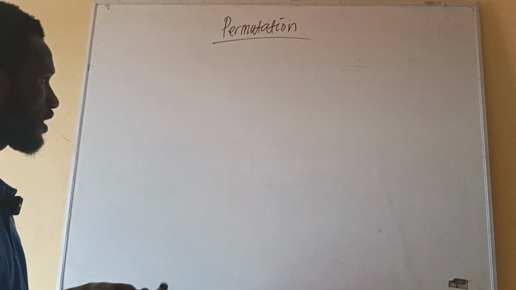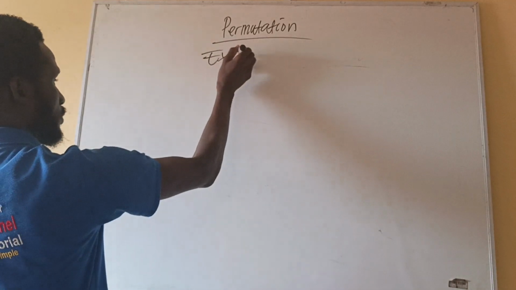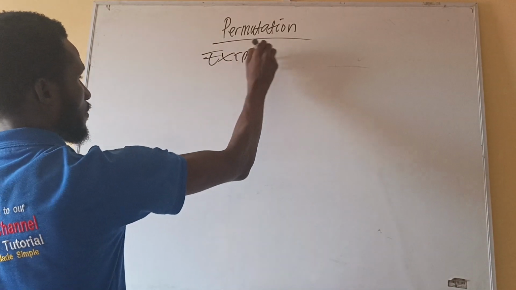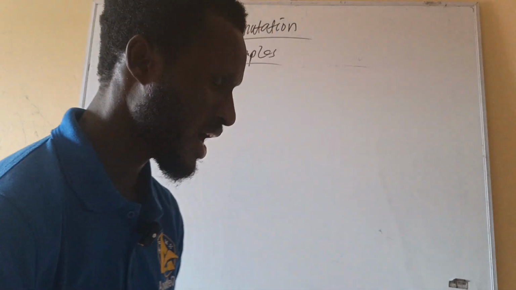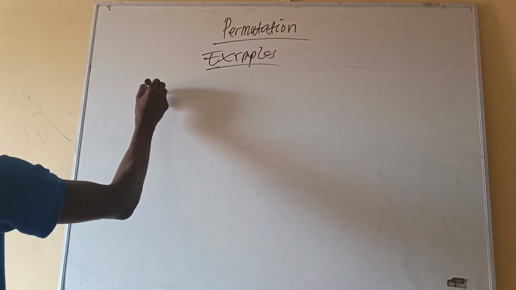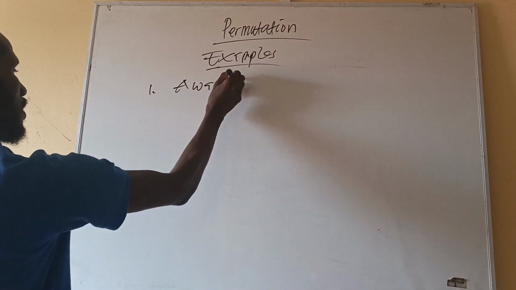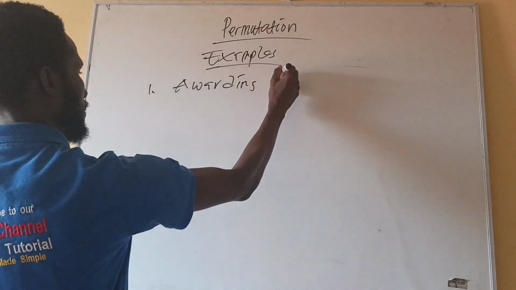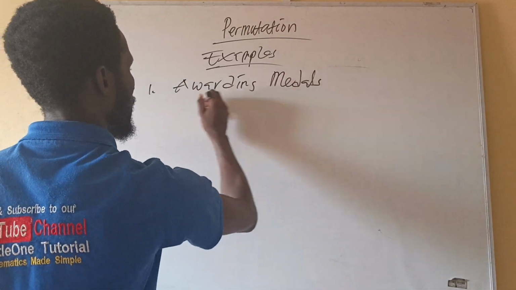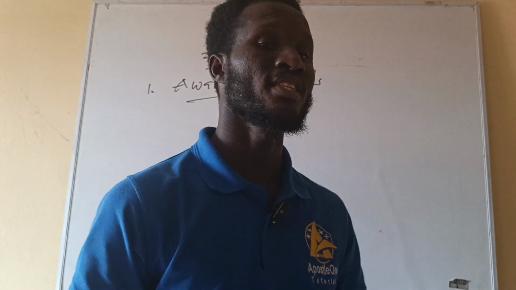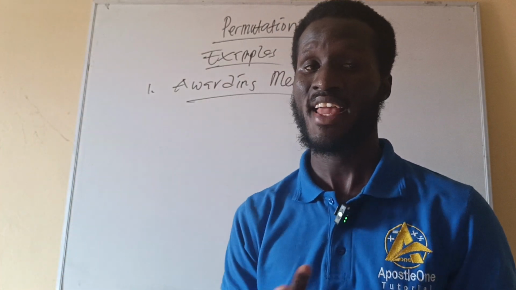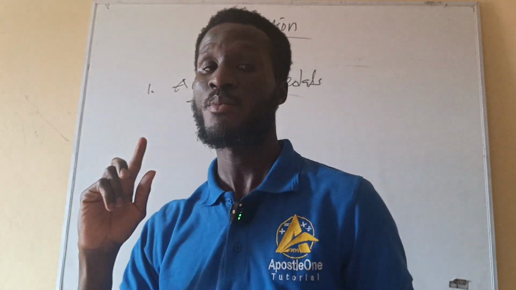Now, let me give you some examples in real life situations where permutation is applicable. Look at one. When there is a big competition, football or athletics, and they are awarded medals, the order is very important.